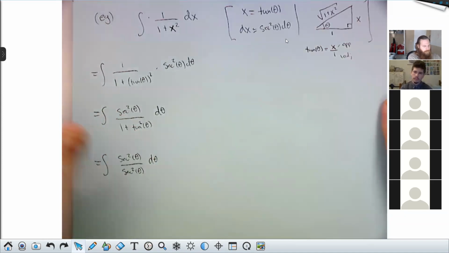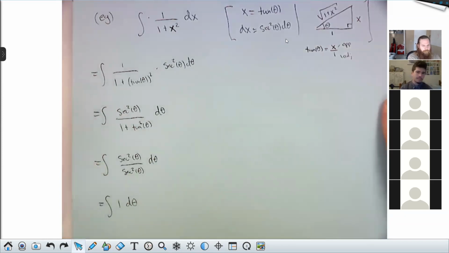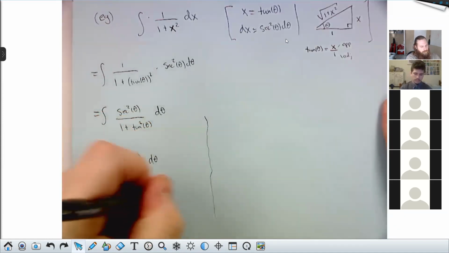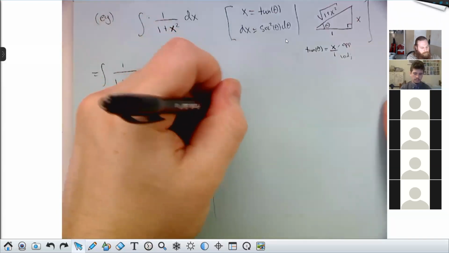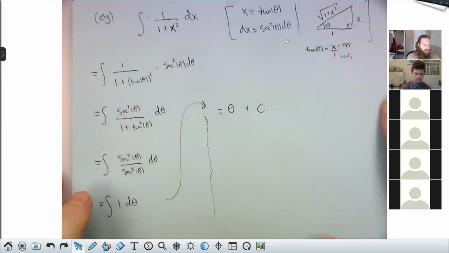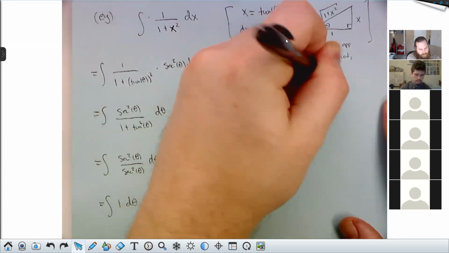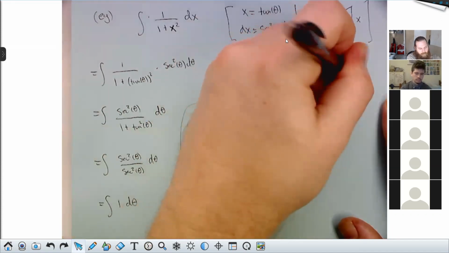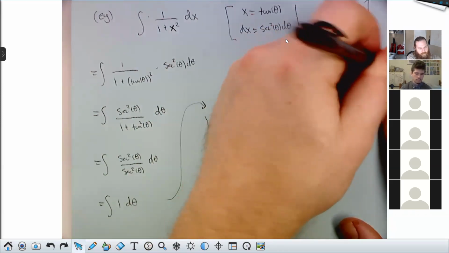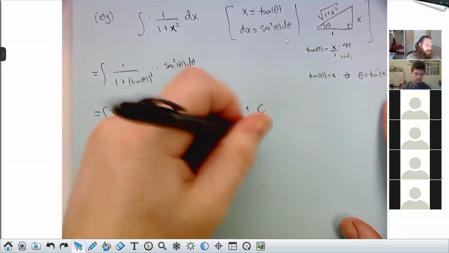Those cancel, and I'm just left with the integral of 1 d theta. The integral of 1 d theta is just theta plus a constant. And since tan theta is equal to x, I can see that theta is the inverse tangent of x. So this is inverse tangent of x plus c.